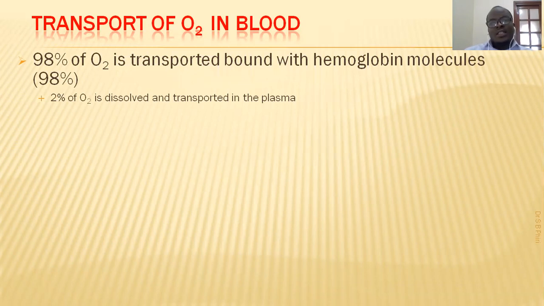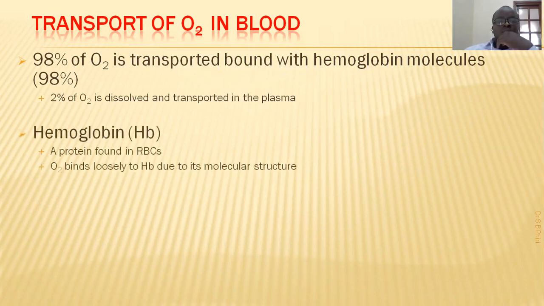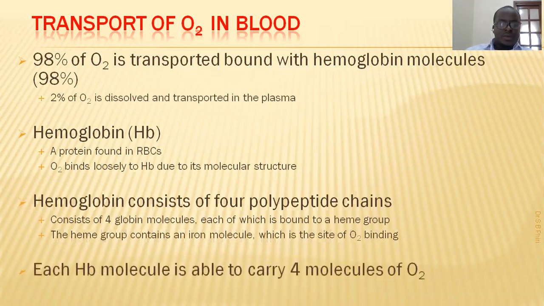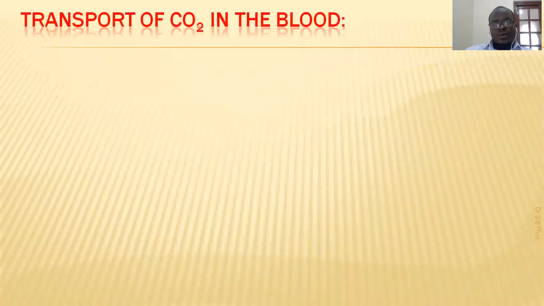This is a general function of blood with regards to oxygen transport, but I'm interested in the portion that binds with hemoglobin, because hemoglobin is found within red blood cells. This information I've already shared with you, so these are just extra notes for you to go and read on. Okay, so we proceed.